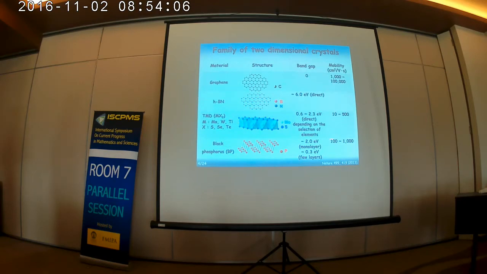And also I mentioned in the previous transparency the transition metal dichalcogenide materials, and depending on the selection of the different elements, molybdenum, tungsten, titanium, and sulfide, selenide, these materials also show a variety of interesting electrical and optical properties. And very recently, people are interested in black phosphorus, BP, because of its combining high carrier mobility with a fundamental band gap.